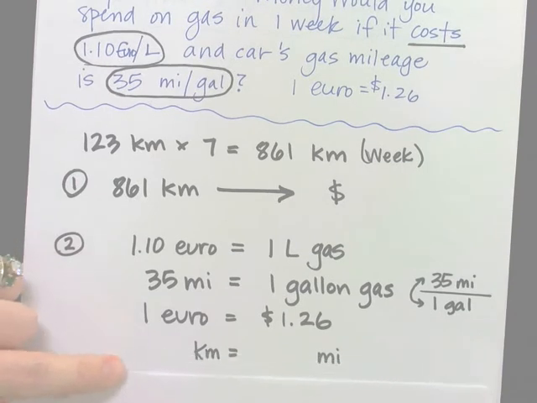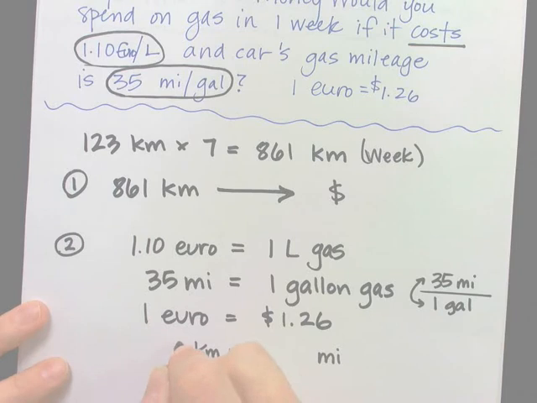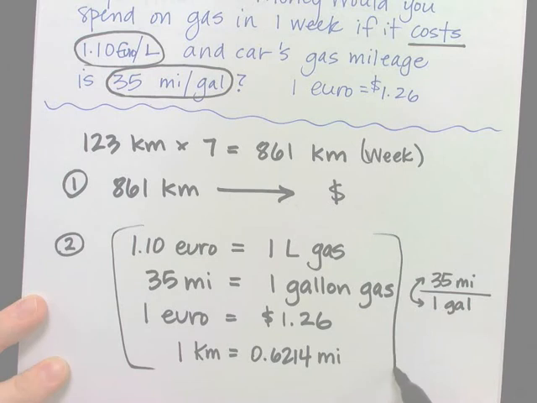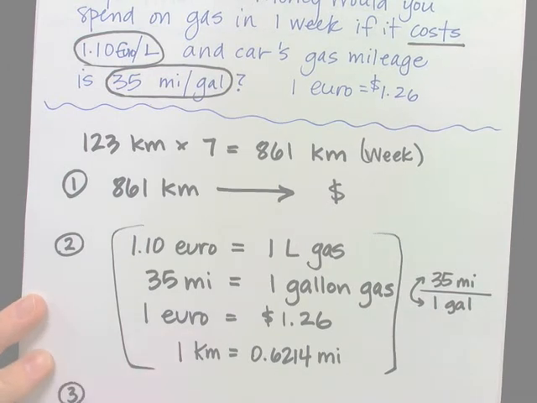And then finally, I'm also going to need to know a relationship between kilometers, which is the distance I'm traveling, and miles, which I know my gas mileage in. So another equality, and this is actually given earlier in the problem, is a relationship between miles and kilometers. So each of these pieces of information will be used in my problem solving.